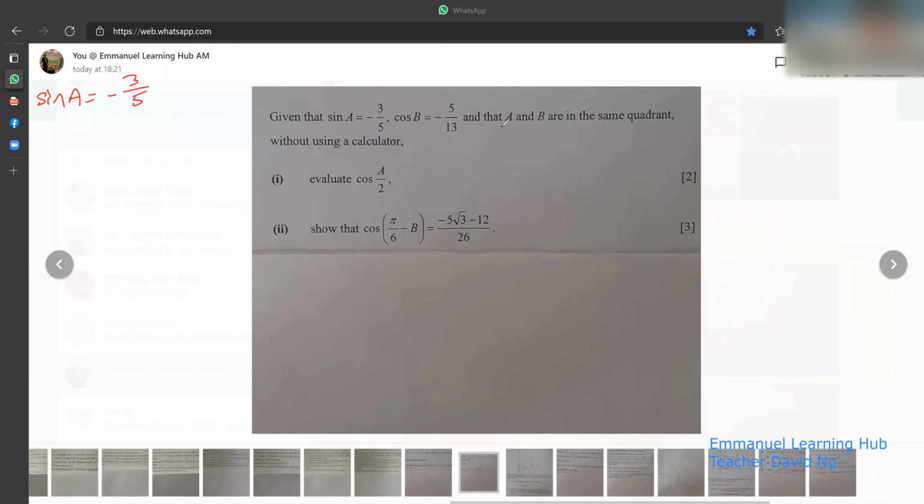So can you tell me which quadrant A and B are in? First, second, third, or fourth? Third quadrant. Very good.